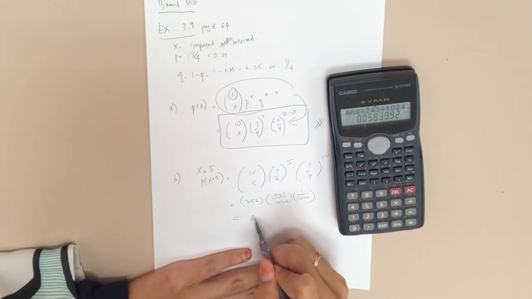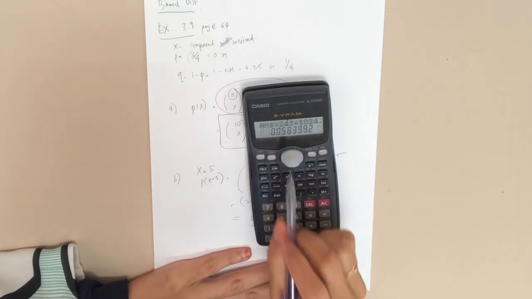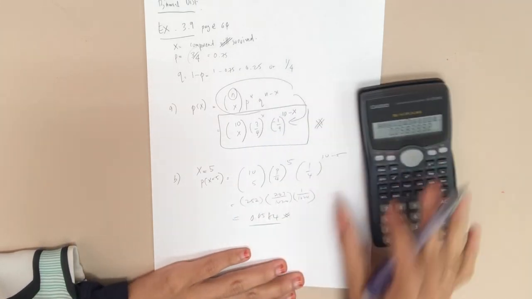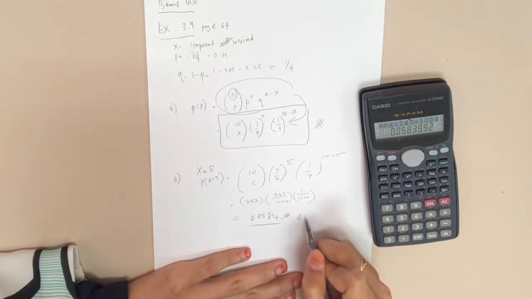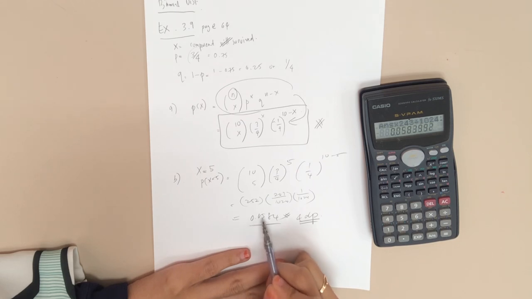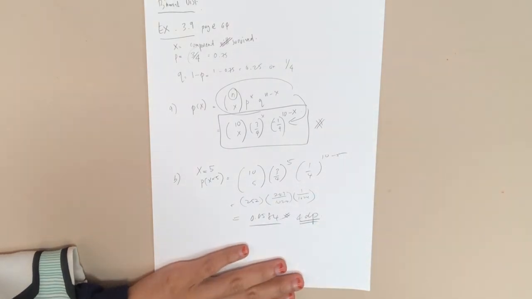So the answer here should be 0.0584. They have a few more numbers behind here, but I just round off to 4 decimal places, class. So 0.0584.